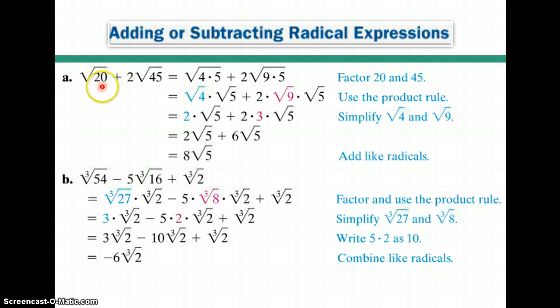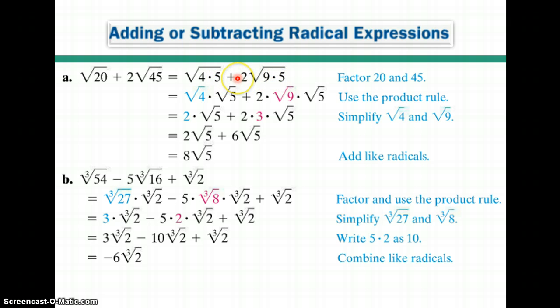Square root of 20 plus 2 times square root of 45. First, find the factors of 20 and 45. This can be written as square root of 4 times 5 plus 2 times square root of 9 times 5.